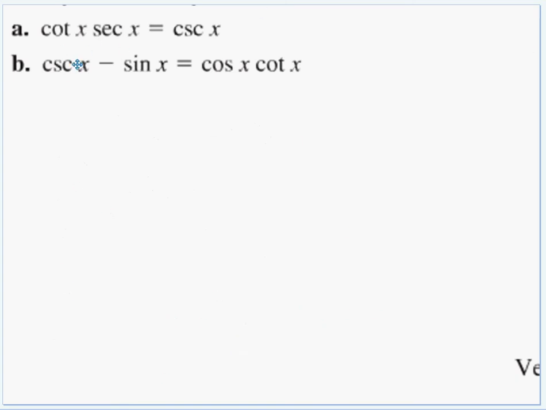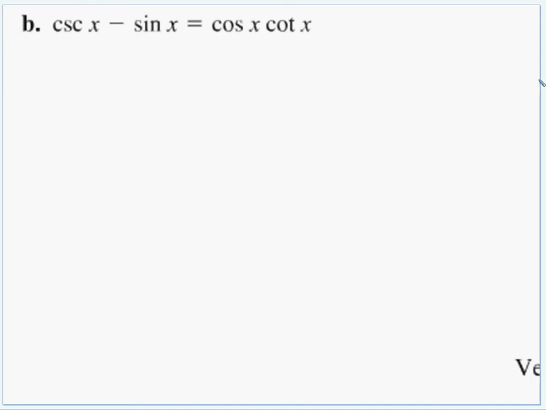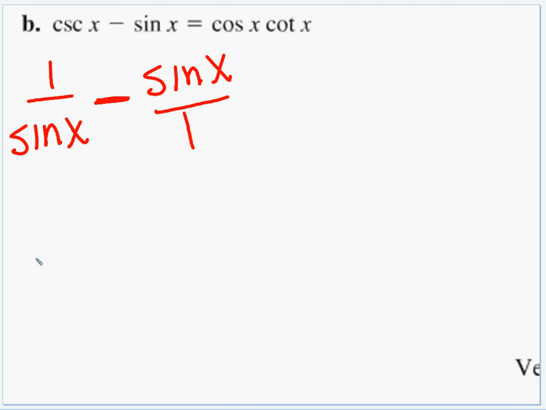Letter B is one of our fraction ones. So the left side are these 2 terms subtracted. Let's turn those into sines and coses. Cosecant is 1 over sine minus sine is sine over 1. Oh, this is going to be interesting. Our denominator, if we multiply these 2 together, sine x times 1 is sine x.